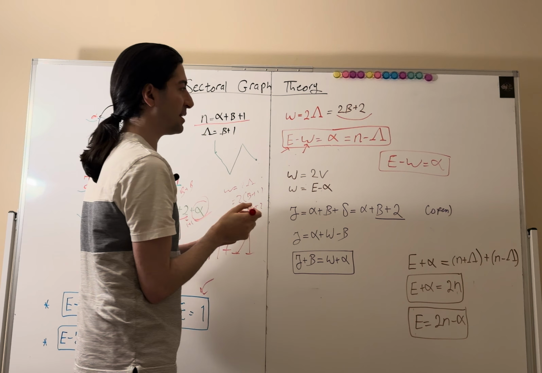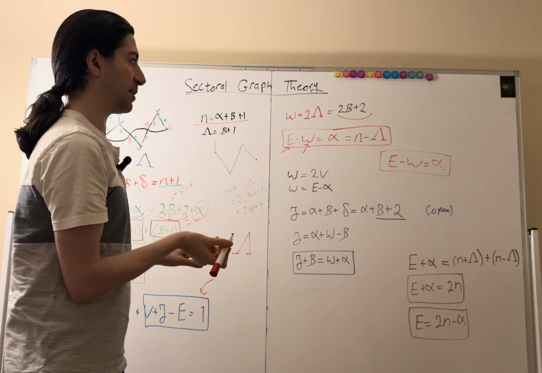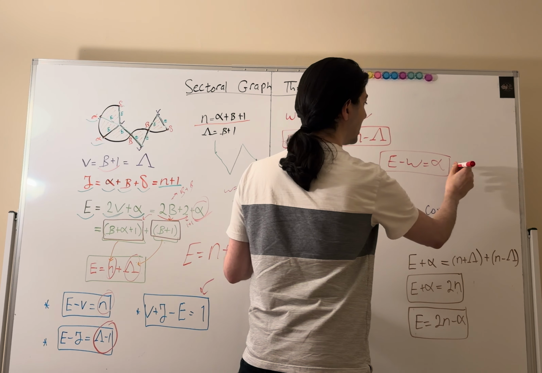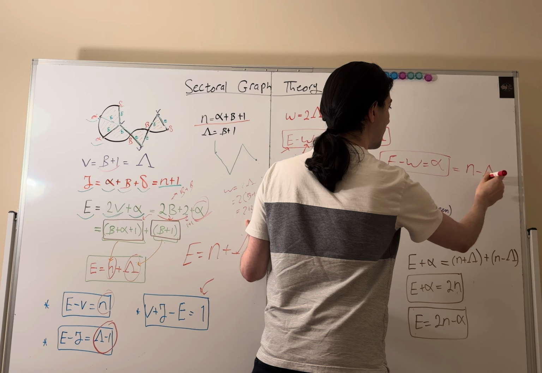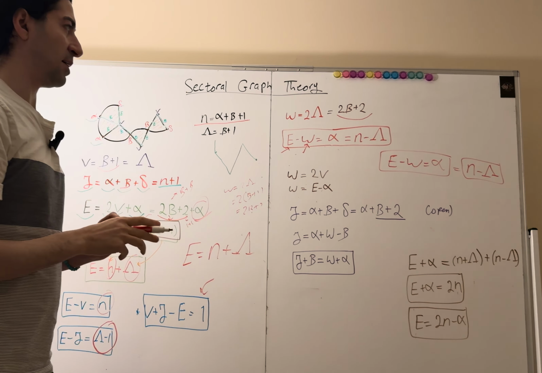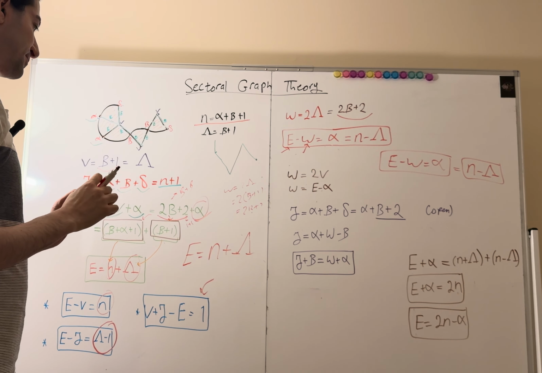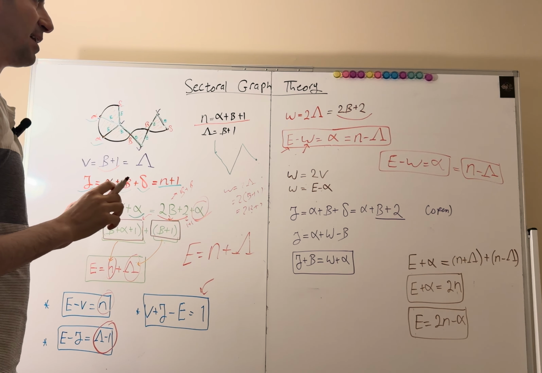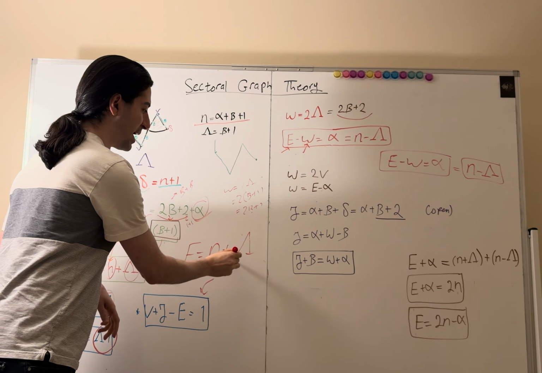We will also see that, if we do some algebra, this also equals n minus lambda. Why this is relevant is because we have now another relationship connecting the order and the degree.